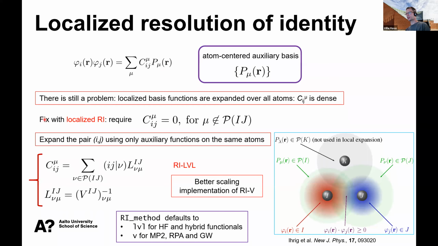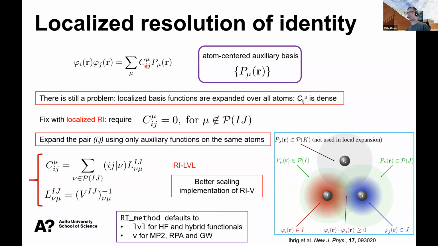But this can be fixed with no loss to the accuracy, and with a gain in the performance. We simply require that each of these pair products is expanded only by using functions that are generated on those particular atoms. So suppose you have there the atom I and atom J, and you have the phi i's living on this atom and phi j's living on this atom.